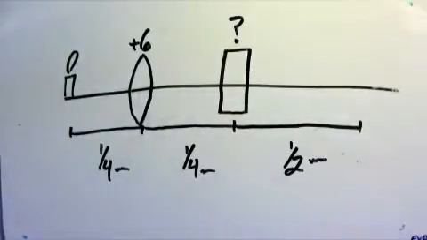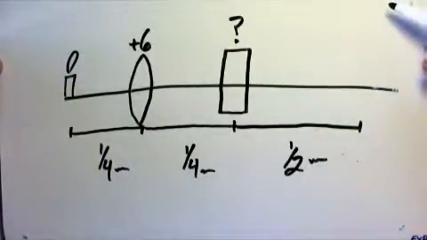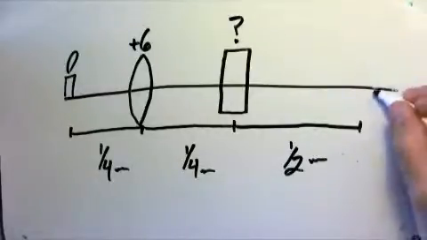I want to know the 4 questions, which is where and what powers, what's real and what's virtual. I want to know what is inverted and what is upright, and I want to know what the relative sizes are. And I want to know it not only for the final image, but for the intermediate image as well.